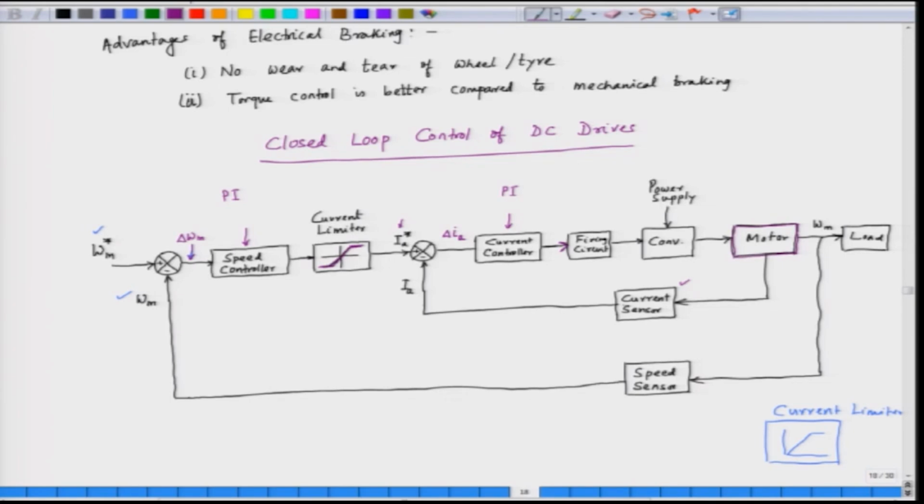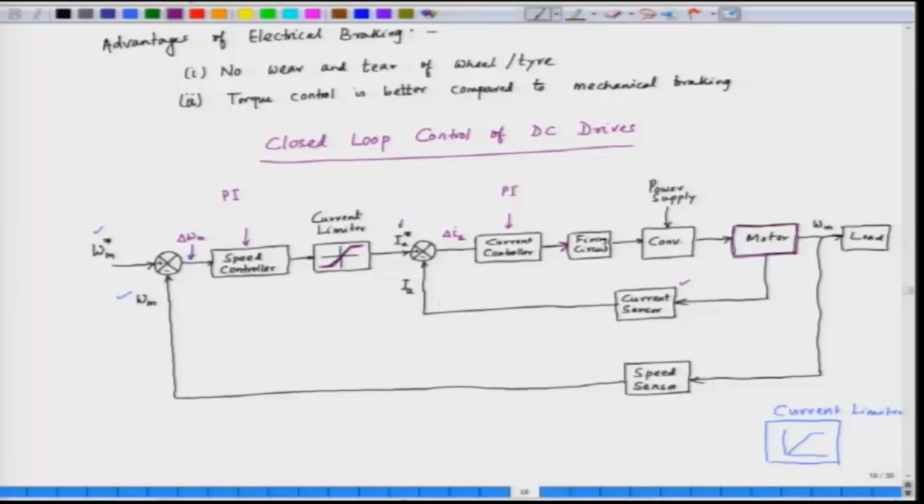So, the current limit is important because we do not want the motor current to reach a dangerously high value, which will damage the windings. Depending upon the capability of the motor, we can set the current limit. By having an inner current controller, we not only protect the motor, but also we control the torque effectively, because torque is a function of current.